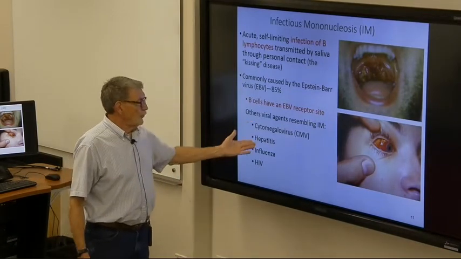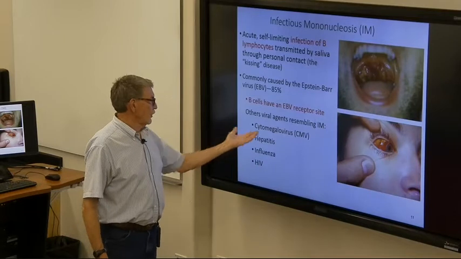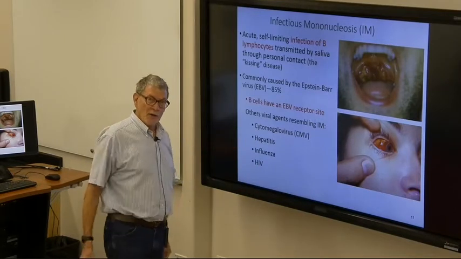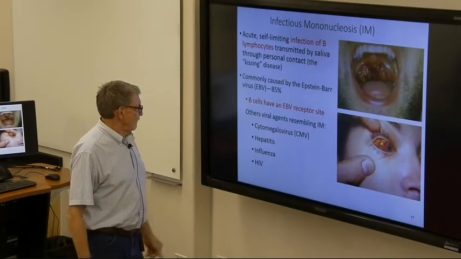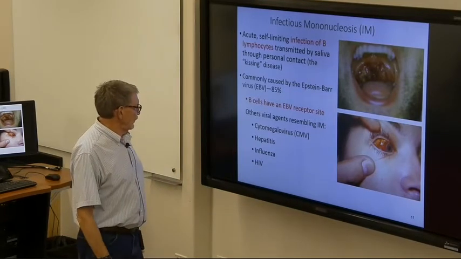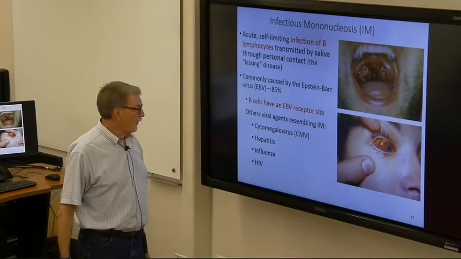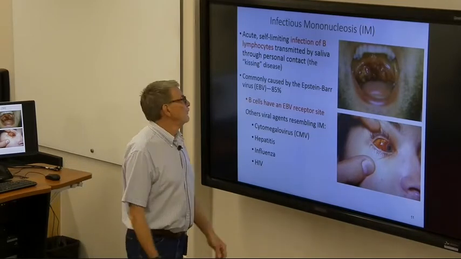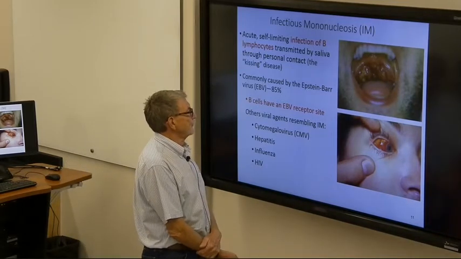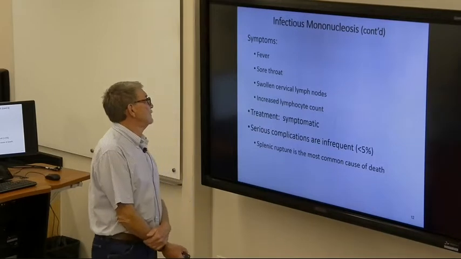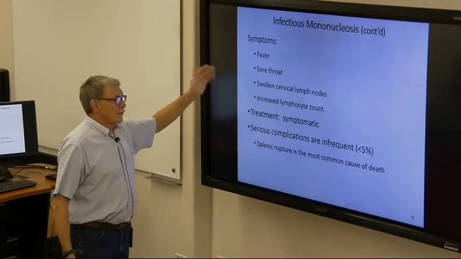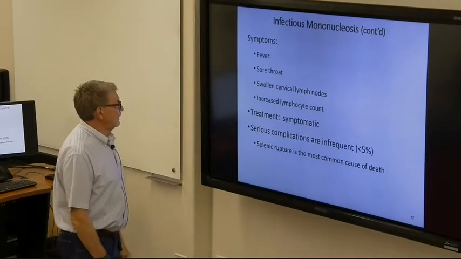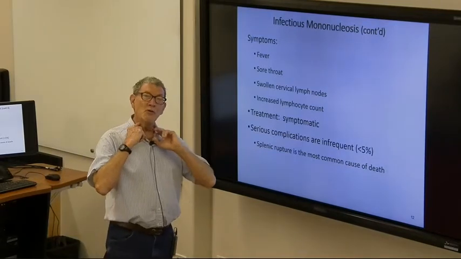Some others that will do this, other viral infections, a cytomegalovirus, which we see more in the lungs, hepatitis, liver, viral hepatitis, influenzas, a flu virus, HIV virus. Mononucleosis, fever, sore throat, you can see why. Swollen lymph nodes in the neck.